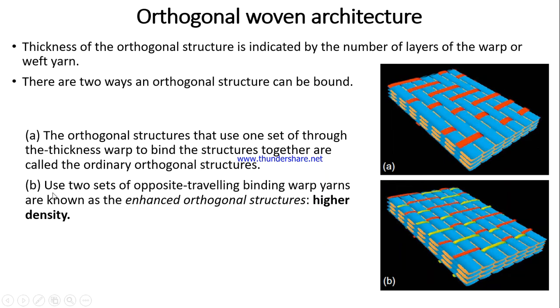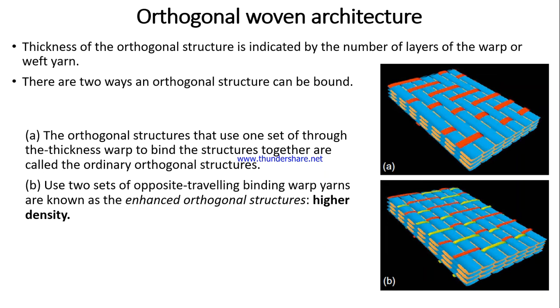And where two sets of oppositely traveling binding warp yarns are used, it is known as an enhanced orthogonal structure, which has a high density. Here in the next figure, figure B, you can see red and green: there are two sets of orthogonal binder warp yarns. They actually run in opposite directions to integrate and bind the structure to form the 3D orthogonal woven architecture.